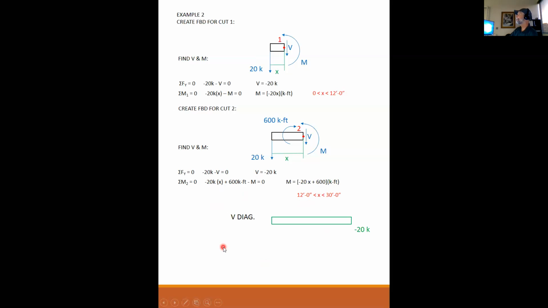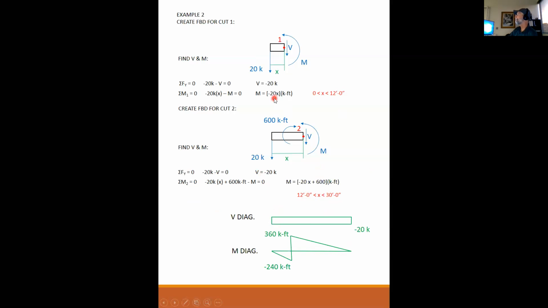If I draw the shear diagram, the shear from 0 to 12 feet is minus 20 kips, and from 12 to 30 feet is minus 20 kips. So the shear diagram is just a constant minus 20 kips for the whole span. Now the moment diagram, a little different.